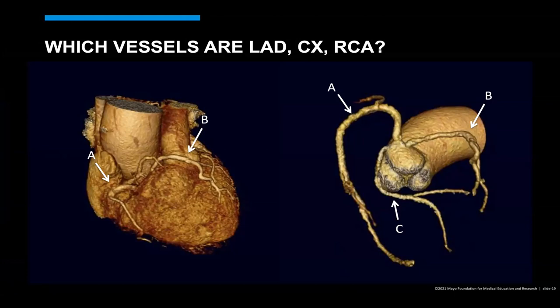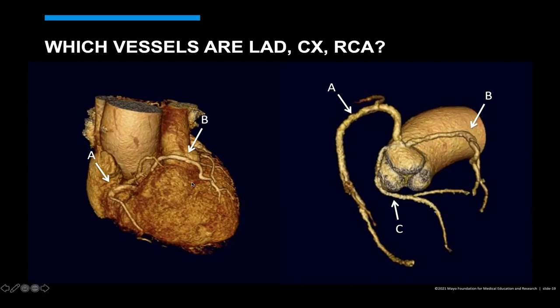Okay, so I know the LAD runs in the interventricular septum. So I think that's A. And then going around more laterally would be the circumflex, so that's B. And then going inferiorly would be the RCA. So I think that's C.